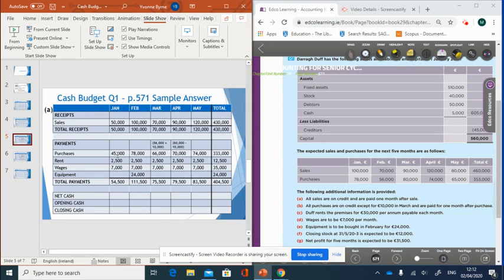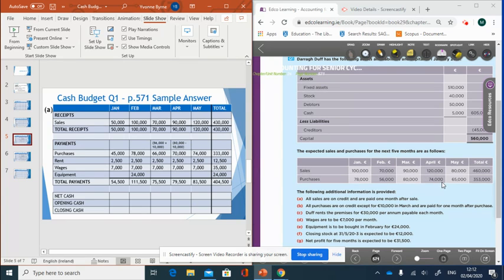The next one then, purchases for February. Purchases for February would have been the purchases we made in January, so the 1 month before, if that makes sense again. So we purchased 78,000 euro worth of goods in January, but we didn't pay until February. So again, working back the months the whole time.